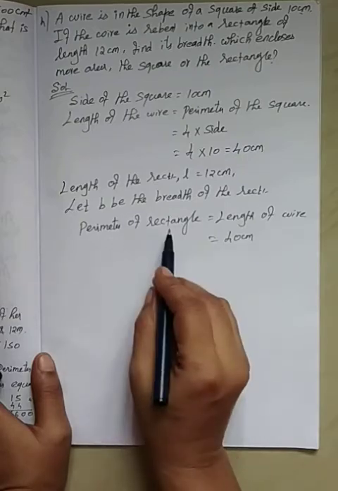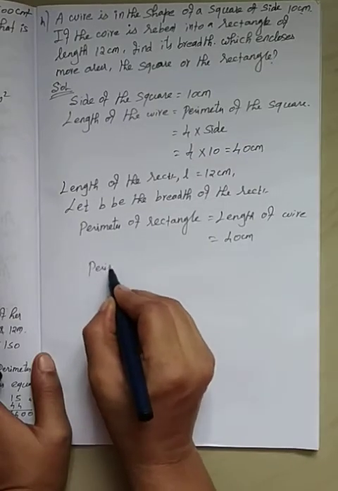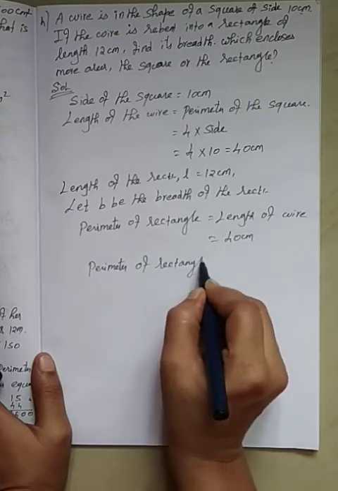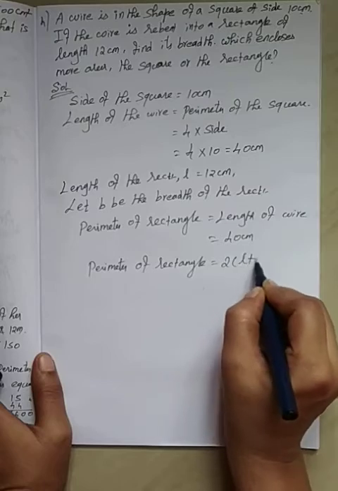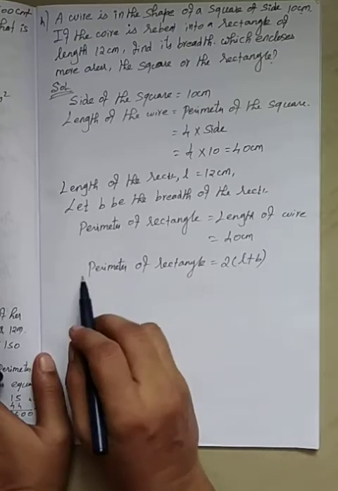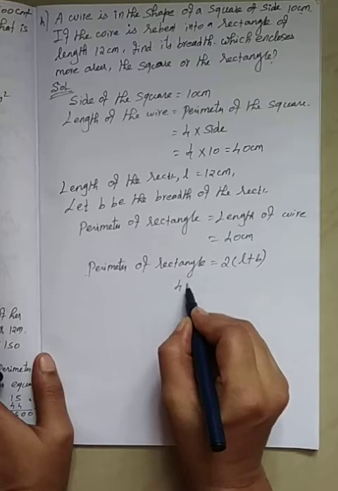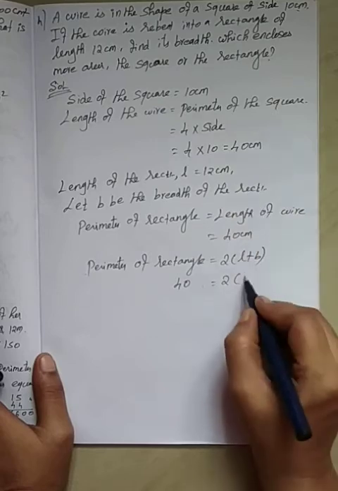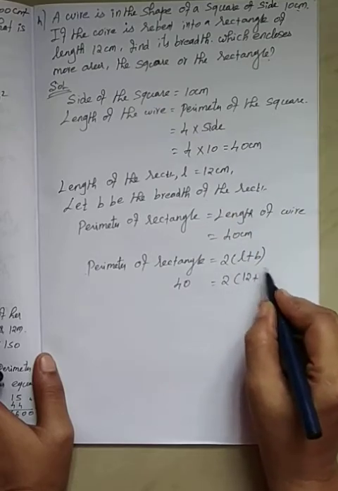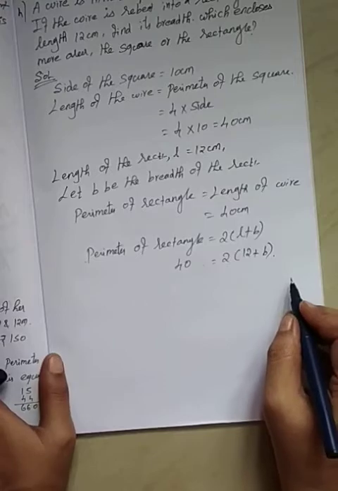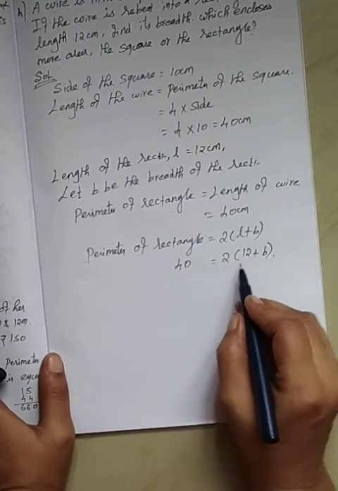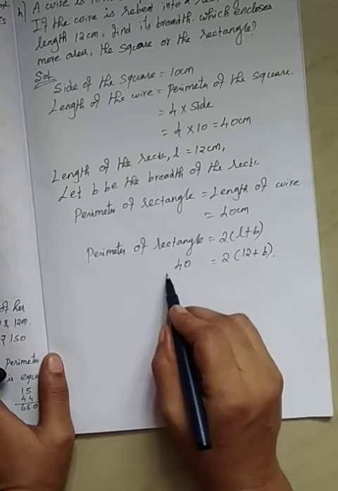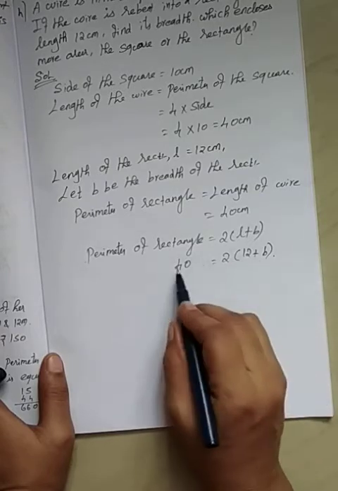See, perimeter of the rectangle, what is the formula? You know that the formula is perimeter of the rectangle is nothing but 2 into L plus B. So 40 centimeter is equal to 2 into L, which is 12 centimeter, plus B. Now, the 2 on the right hand side can be moved to the left, means you divide both sides by 2.